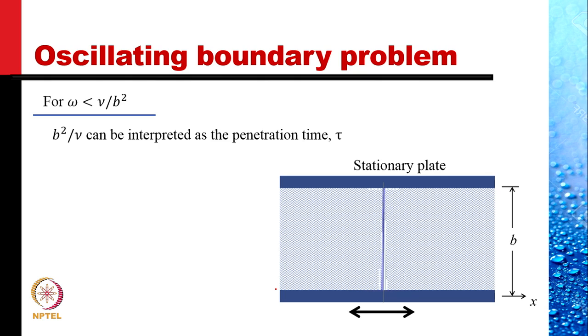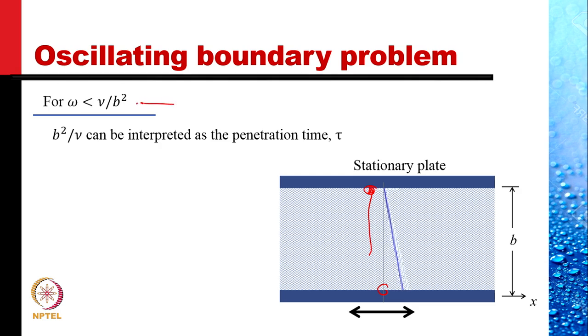So, we consider the penetration time tau, the time it requires for the change of velocity at the lower plate to penetrate up to the upper plate. That is, the time required for the velocity fluctuation at the lower plate to penetrate right up to the upper plate.